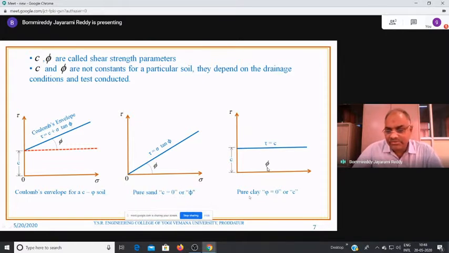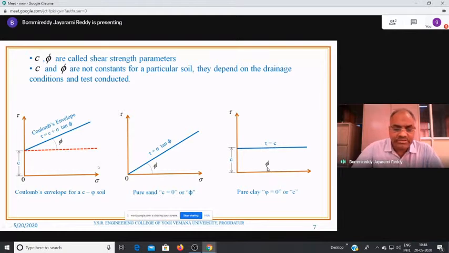When phi is equal to 0, the angle of internal friction is 0. This is the case of pure clay, and the failure envelope is horizontal in nature. The equation of the line is tau is equal to C.